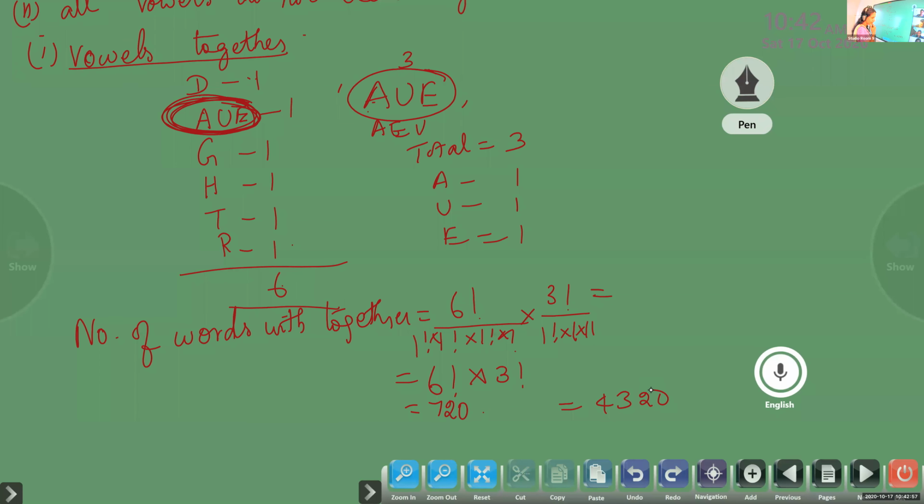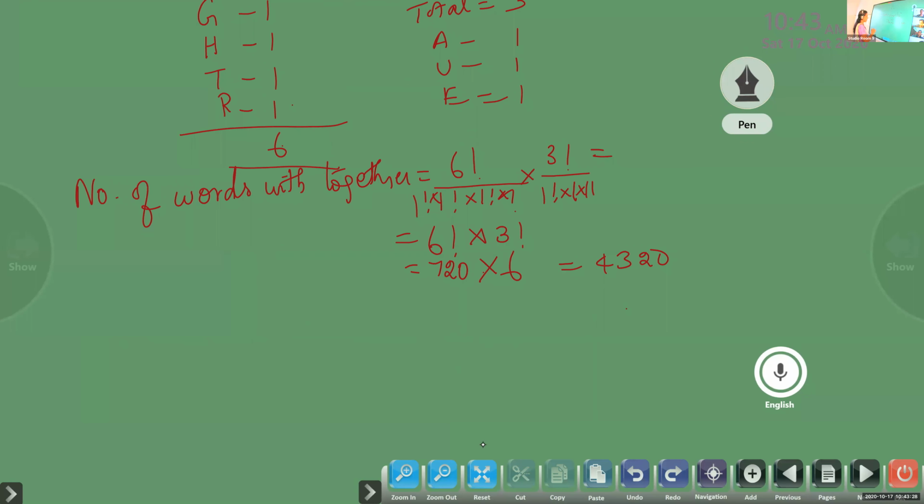Diya, can you give 6 factorial? See, unmute it and give the answer. You are saying something, but I am not able to hear. Diya, what is 6 factorial? 720 into 3 factorial is 6, isn't it? So the answer is 4320.